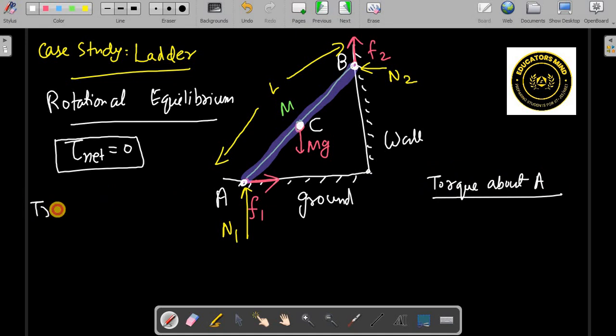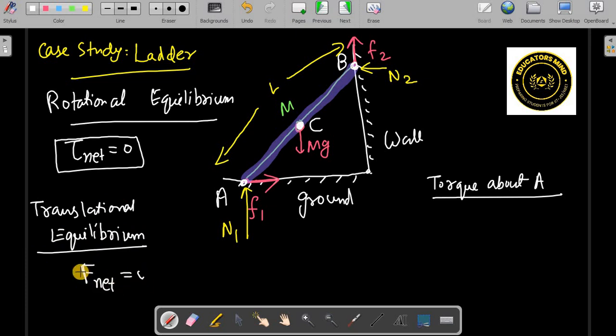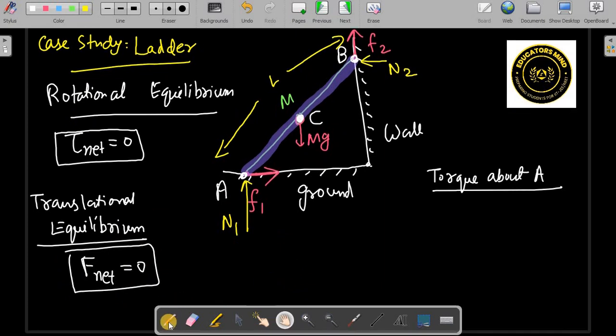Of course, translational equilibrium means net force is equal to 0. When net force is 0, vertical forces are balanced and horizontal forces are balanced. The vertical forces acting on this body are downward mg, and upward N1 and also F2, correct?